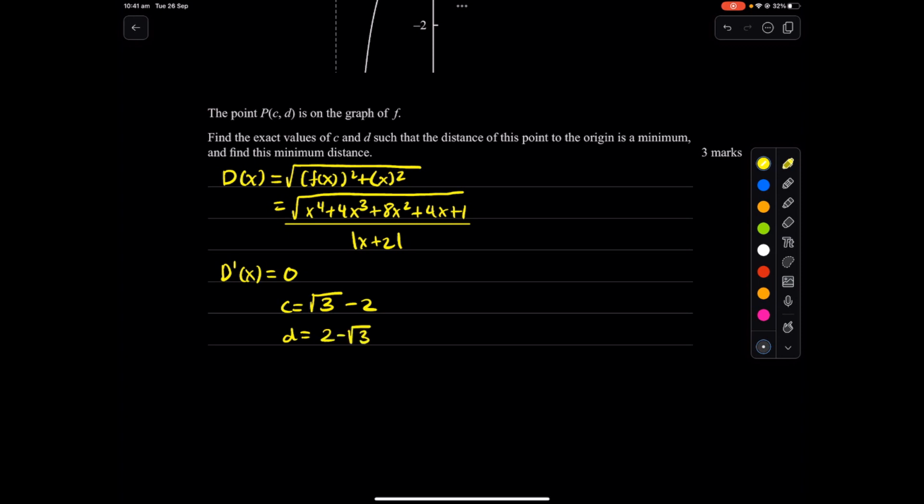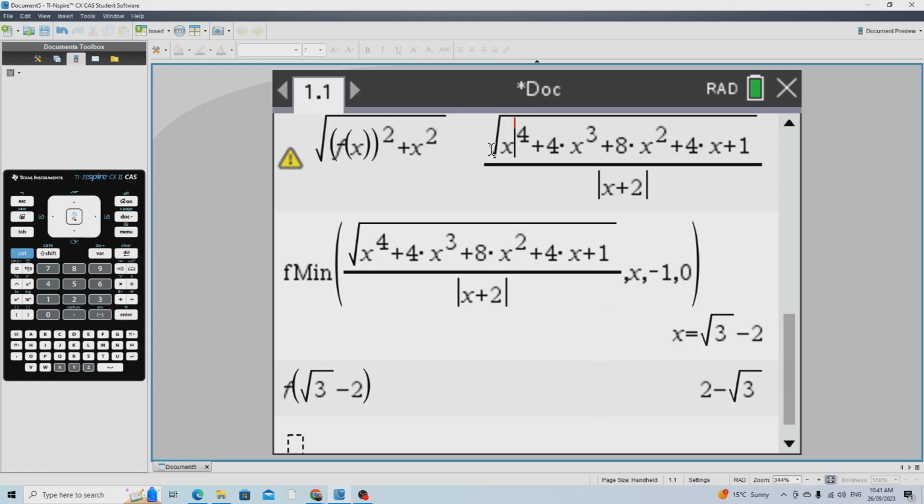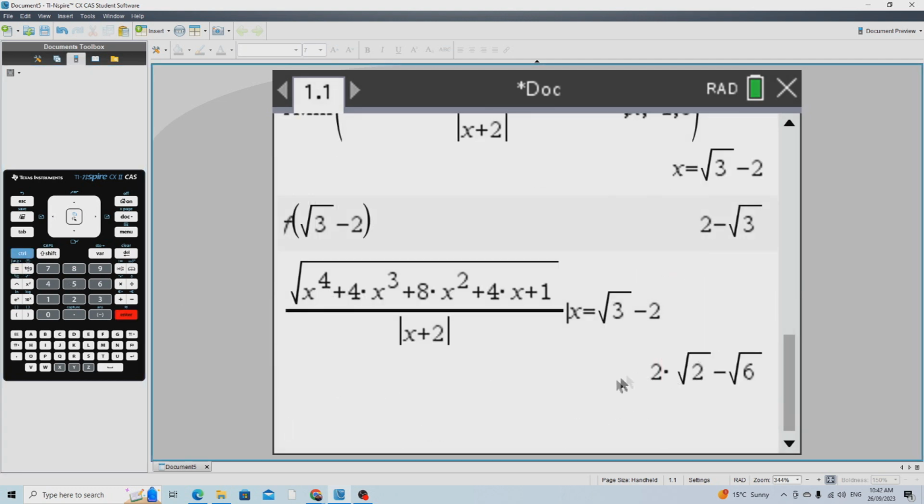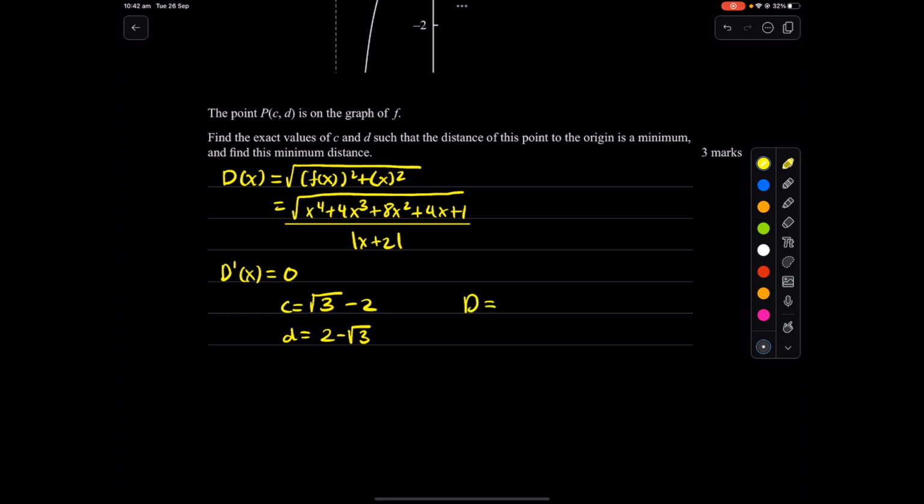And we just want to calculate the minimum distance, easy. So our distance formula over here, and we just have to put a value of x, and this is your distance. Your distance is 2√2 minus √6. That's that. Wow. Done.